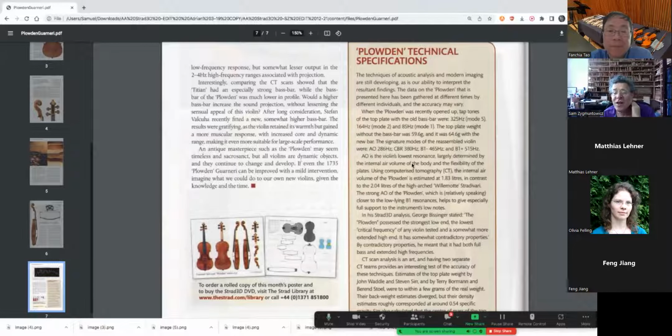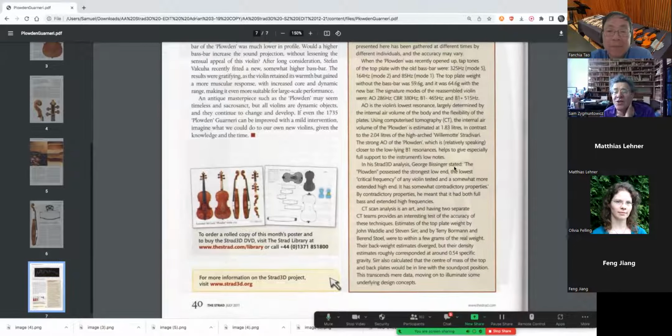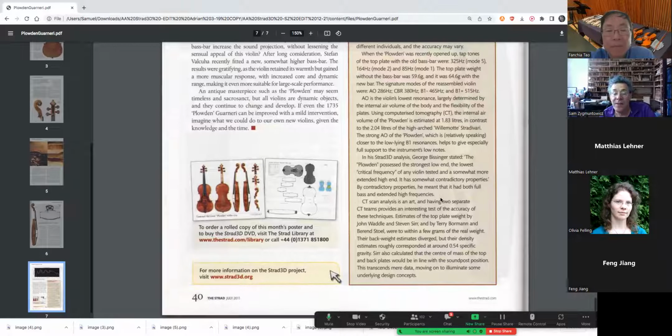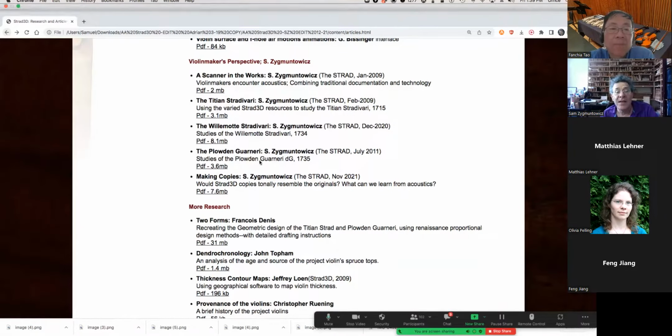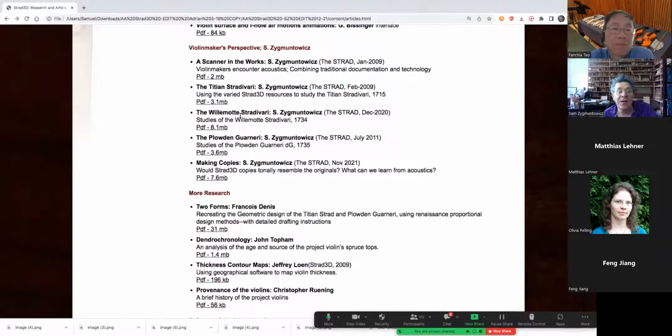Some quotes from Dr. Bissinger, where he stated, the Plowden possessed the strongest low end, the lowest critical frequency of any violin tested, and a somewhat more extended high end, somewhat contradictory properties, in that it had both full bass and extended high frequencies. Anyway, I did the same for the Wilmot. We'll come to that in a minute.